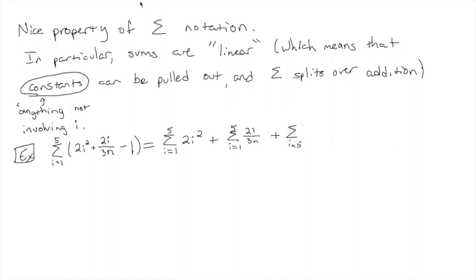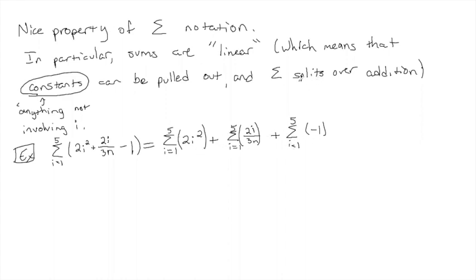Oh, yeah, 1 to 5, right. And this is a negative 1 on the inside. This was a 2I over 3n on the inside, and this was 2I squared on the inside, right? I'll try to remember parentheses, but it should generally be clear that if it's only next to one term, it only applies to that one term. But I'll try to remember.